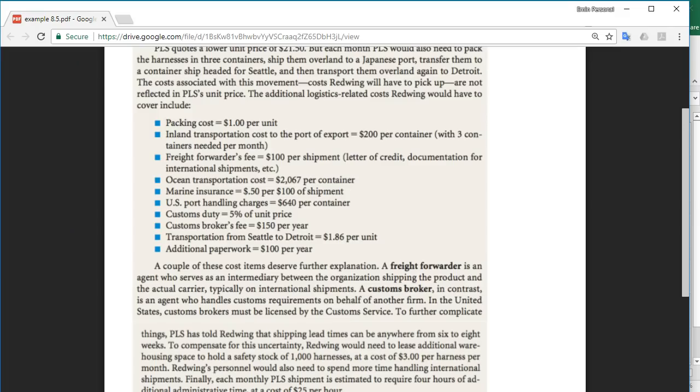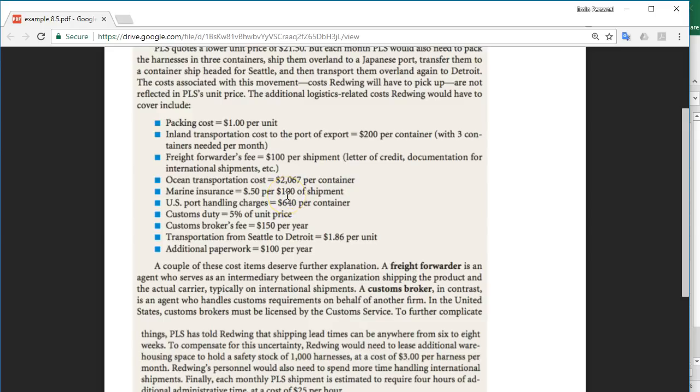So far so good. So the next one is marine insurance. Obviously we have to insure our goods in case something might happen to our container on the way. And our cost here will be 0.5 cents per $100 of shipment. It means if our total unit price per month was $100, we would pay 0.5, which is actually 0.5%.